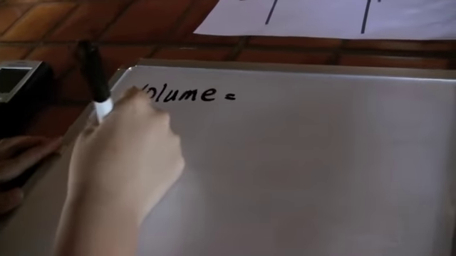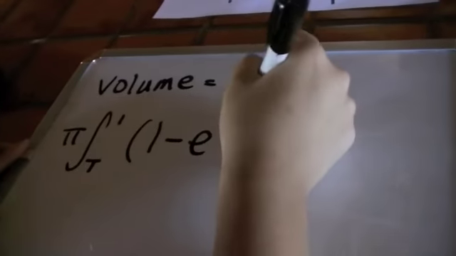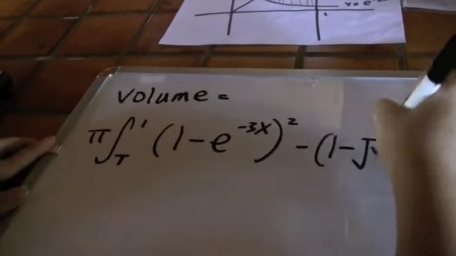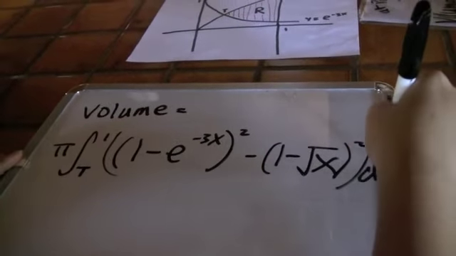You put pi at the outside and the integral from t to 1. And you use 1 minus e to the power of negative 3x, squared, minus 1 minus square root of x, squared, and then dx at the end.